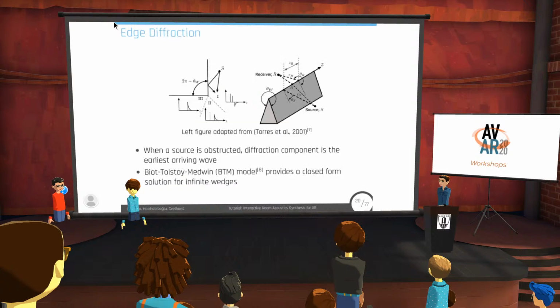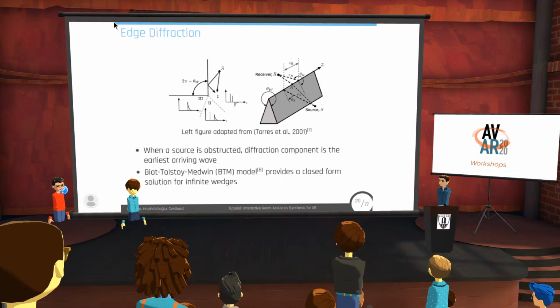Now, diffraction is something which is not easy to handle. It is very complex as a phenomenon, and it depends on the position of the sound source and of the observation point. So the figure in this slide, the left figure, shows 3 distinct regions where diffraction occurs differently.